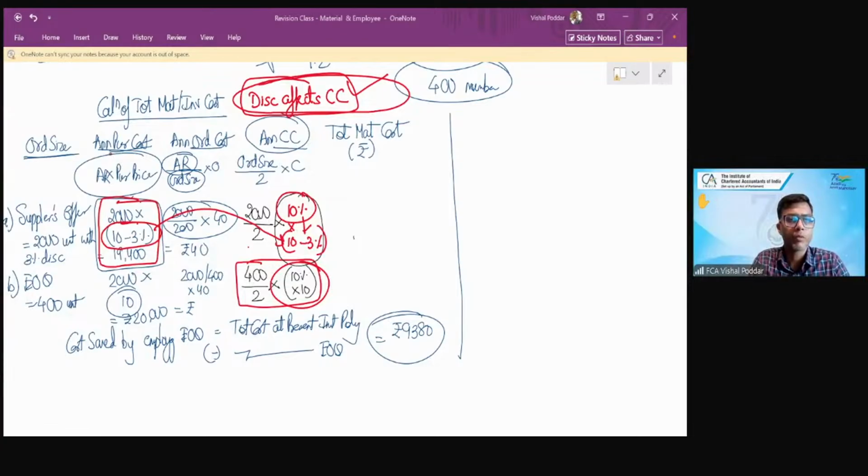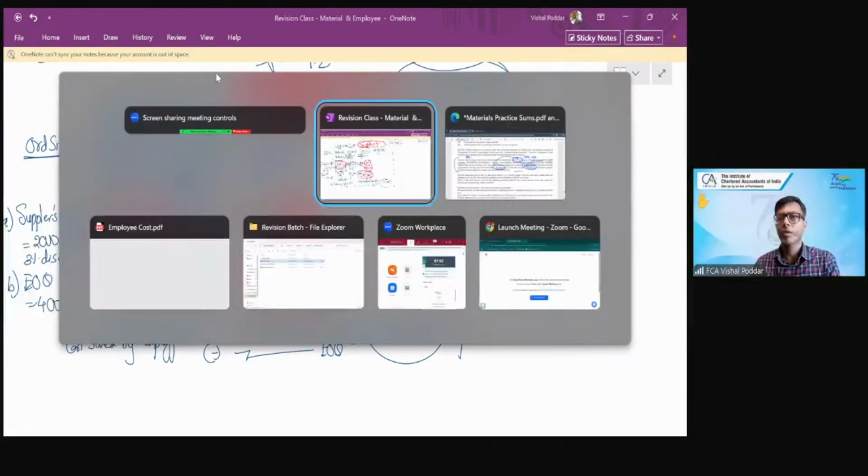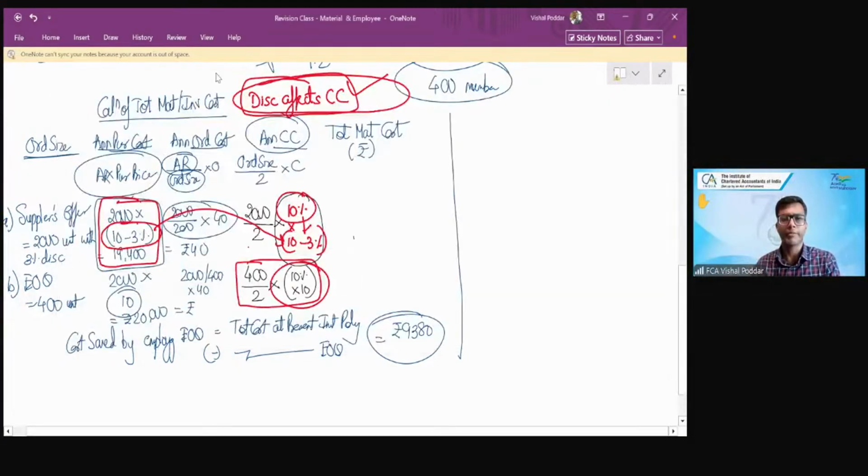Super. So I've already started getting the answers. Tejaswin has given me an answer, then Tejashri, Sunidhi, then Harshita. Good. So the answers which I'm getting are 20,400 and 20,410.